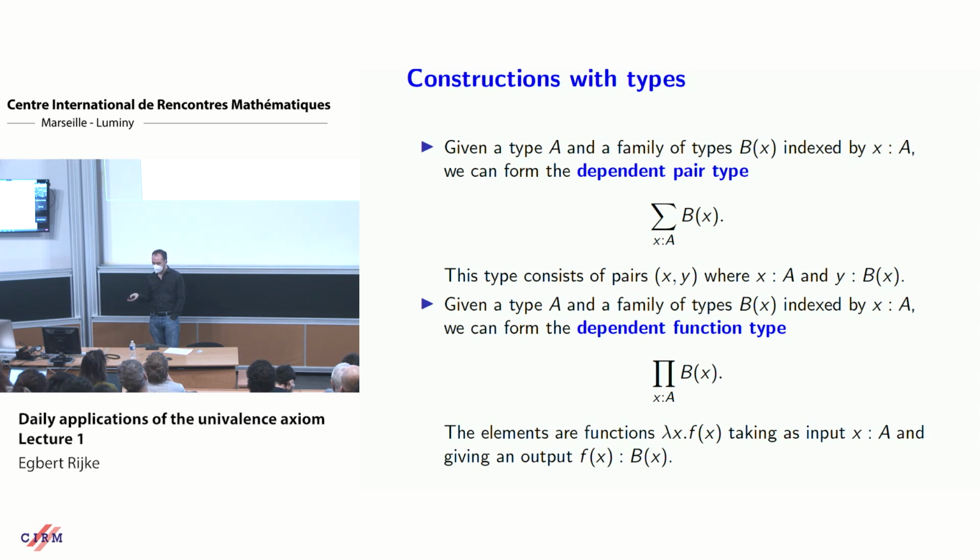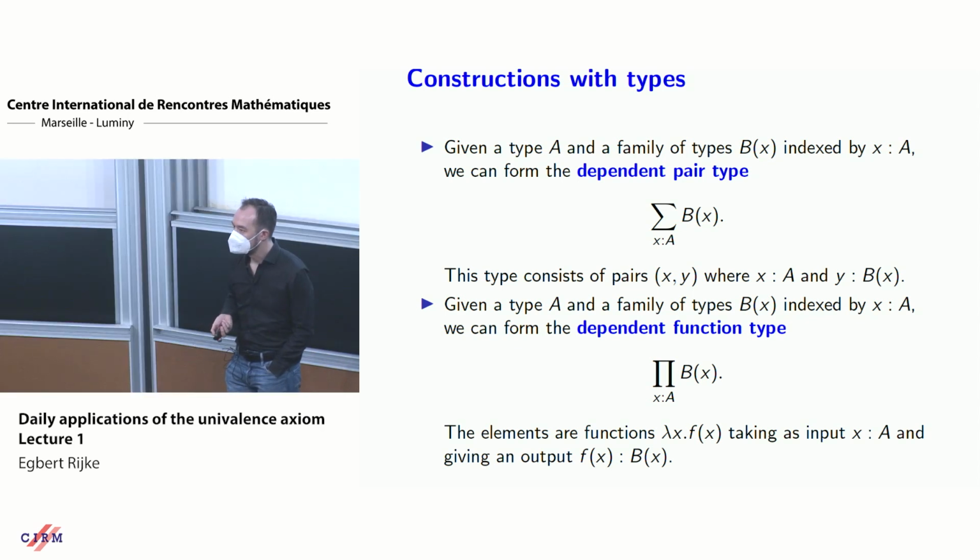So for every type family you can make such a pair. This is called the dependent pair type, or sometimes dependent sum, and it kind of behaves like a disjoint union if you think of types as sets. But if you think of types as spaces in the homotopy interpretation, then this will be the total space of a fibration, and the type family would be a fibration.